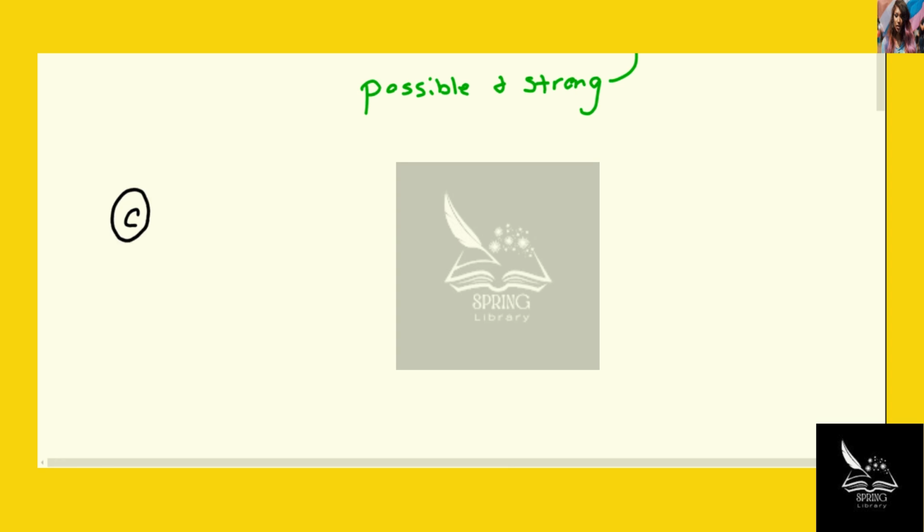Now for C. C was given to us as pion plus proton going to the lambda baryon naught plus the kaon naught. The kaon naught is called a meson, by the way. So we find the conserved charge.